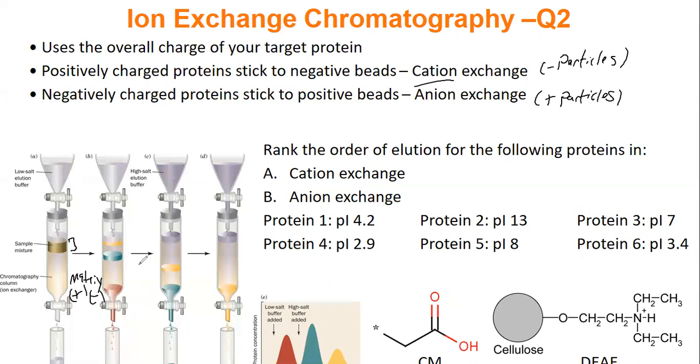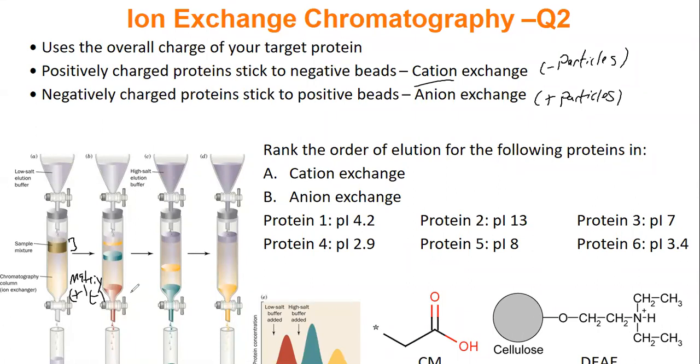Let's say we were doing a cation exchange, the picture on the left. That means this yellow protein would be the most positive, and this red protein would be the least positive, because if it's cation exchange, the more positive charge you have, the more you're going to stick to the beads. This is a very efficient way to separate proteins based on charge.